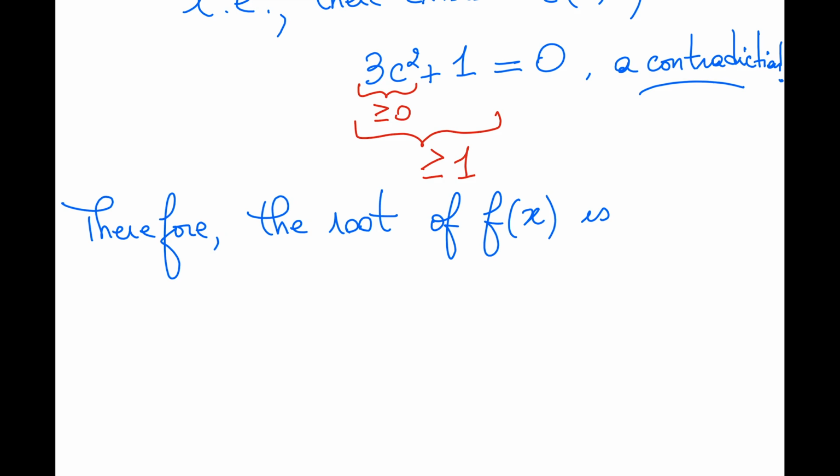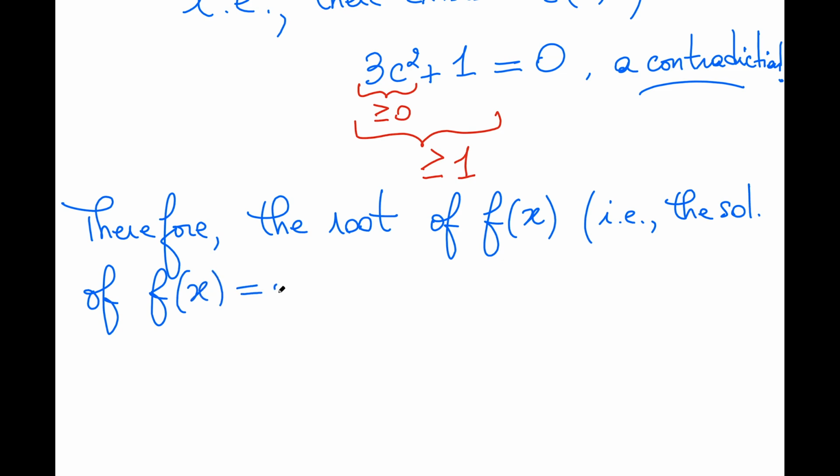So root of f of x is the same thing as saying the solution of f of x equals 0, right? Must be unique. Okay, exists and must be unique, because remember we showed the existence in the pink discussion above, and it is unique.